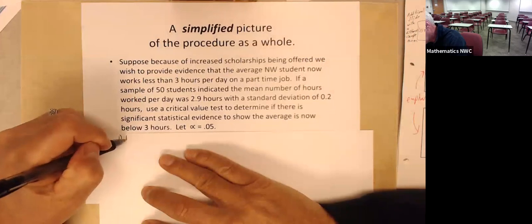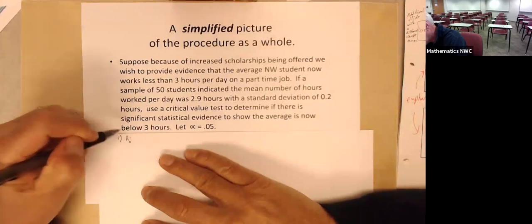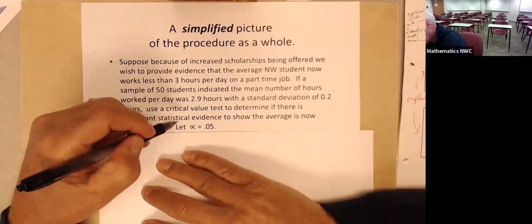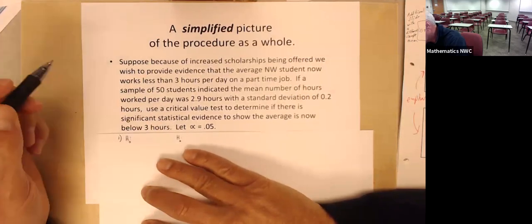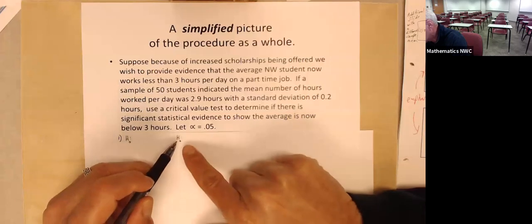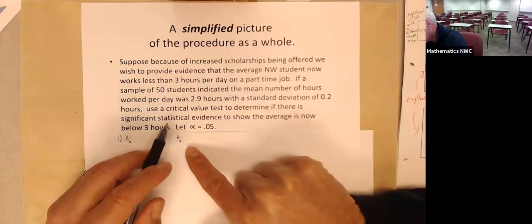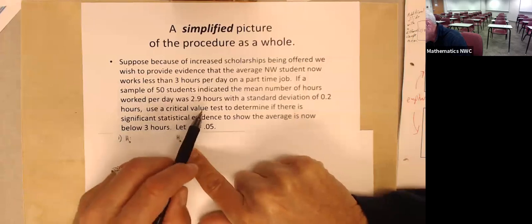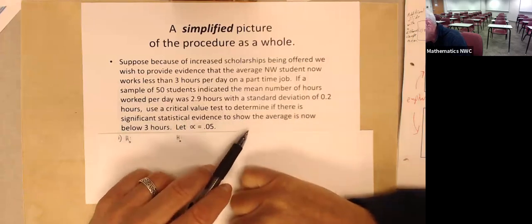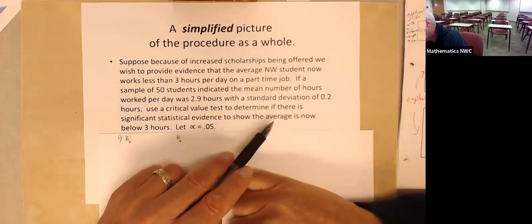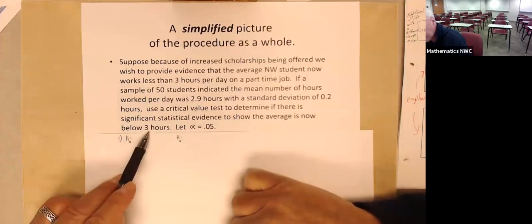So here I go. Rather than listing the null first, H sub 0, most people will list the alternative first. The alternative is what I'm desiring to show. Let's read that again once. See if there's enough evidence to show the average is below 3.